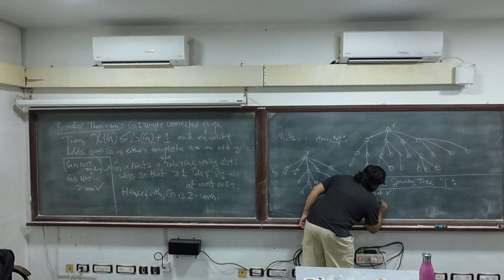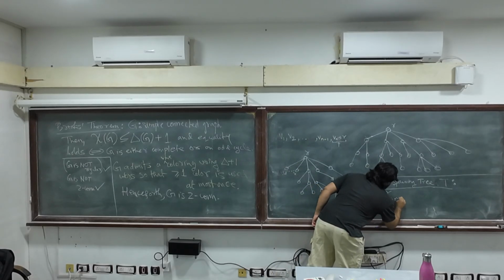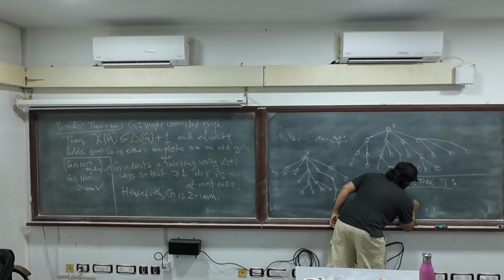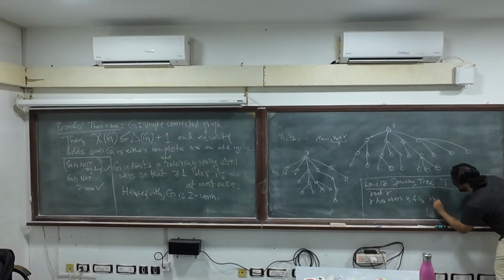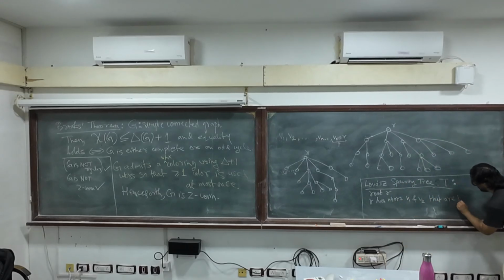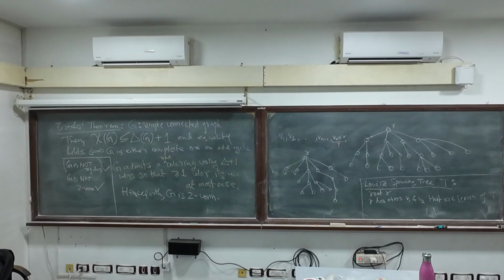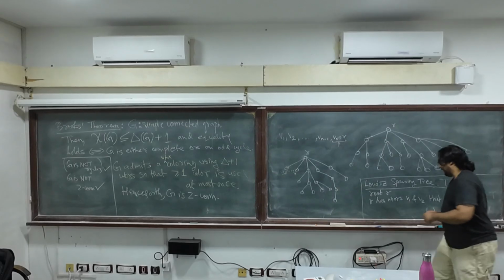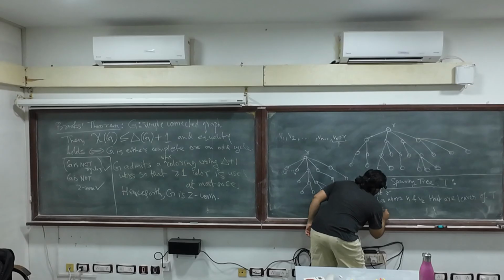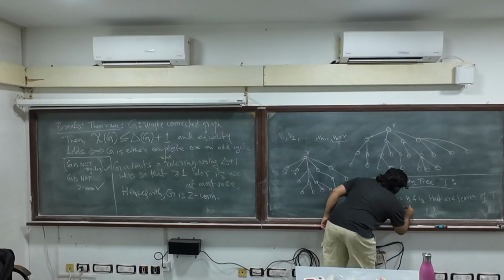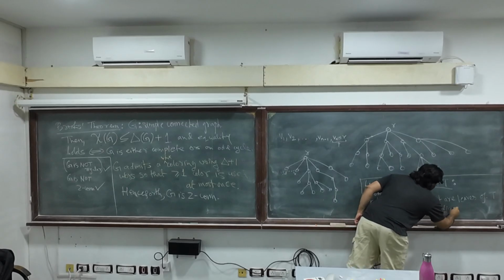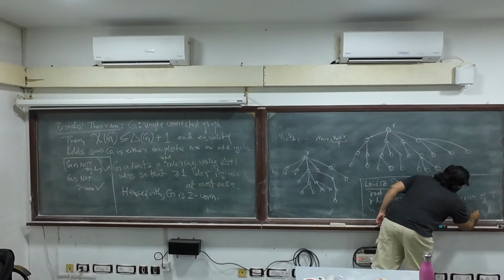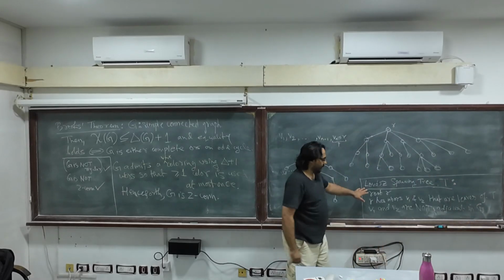R has neighbors V1 and V2 that are leaves of T. These are leaves of the tree, and V1 and V2 are not adjacent in G. Okay, these are the properties.